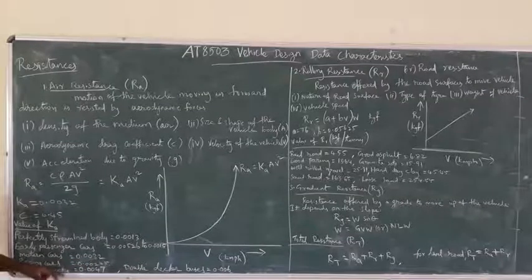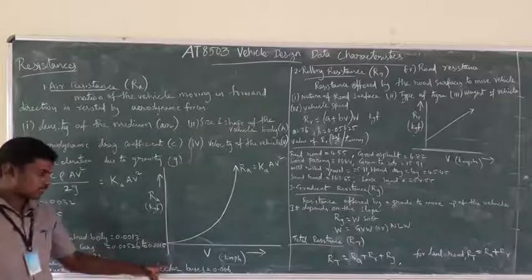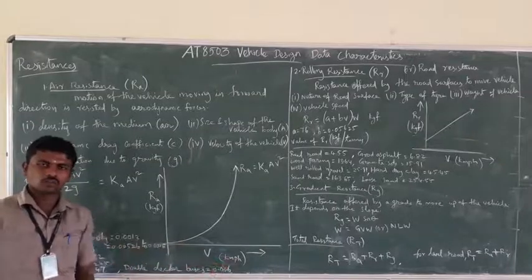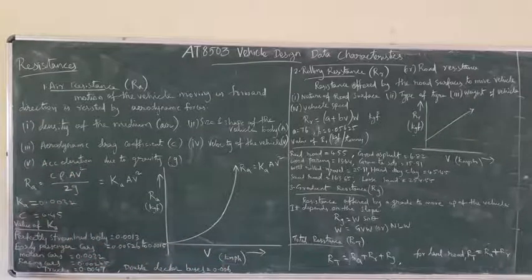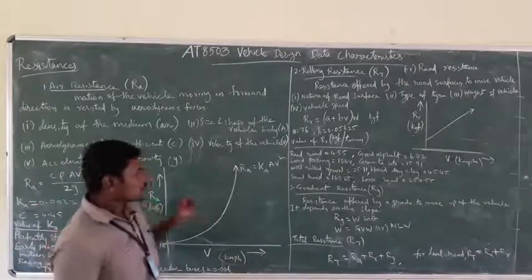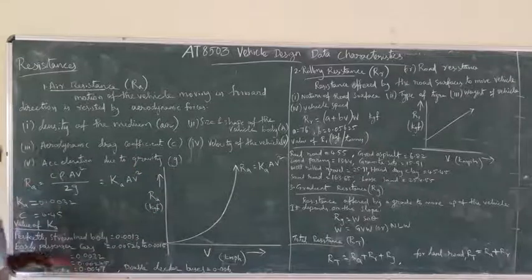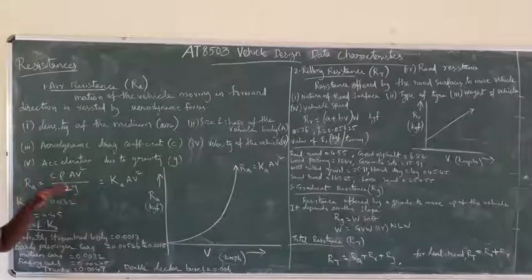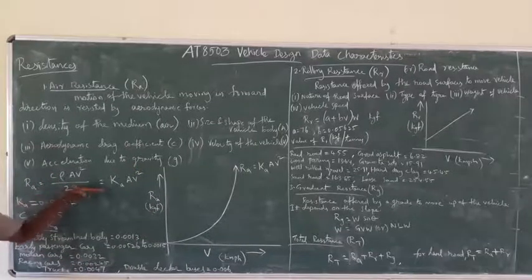For racing cars, the value will be 0.00245. For trucks, heavy vehicles, 0.0047. For double decker buses, 0.006. These are the standard values for Ka, right? This Ka will be used only to find the air resistance, right?